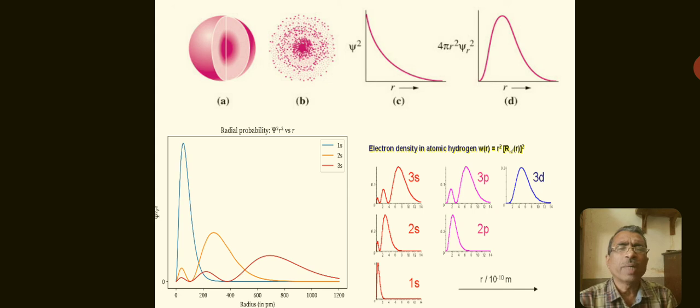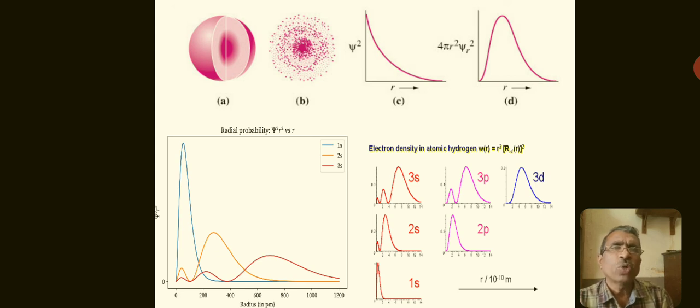The orbital is a region around the nucleus where there is a probability of finding the electron. For the 1s orbital, when we plot the graph of chi square versus r, the radial wave function, we get a graph.